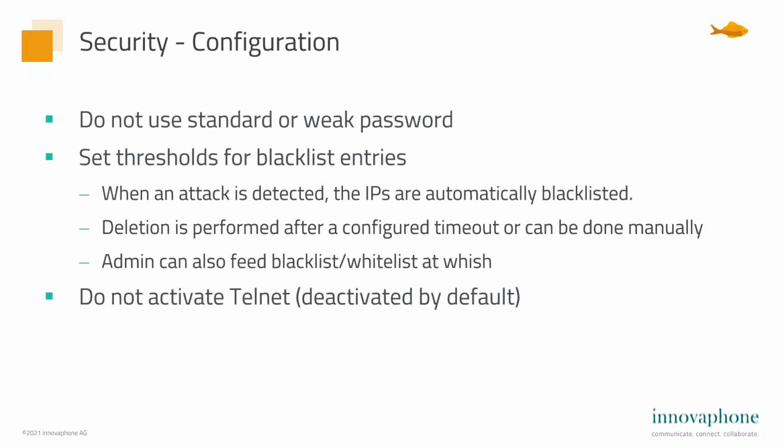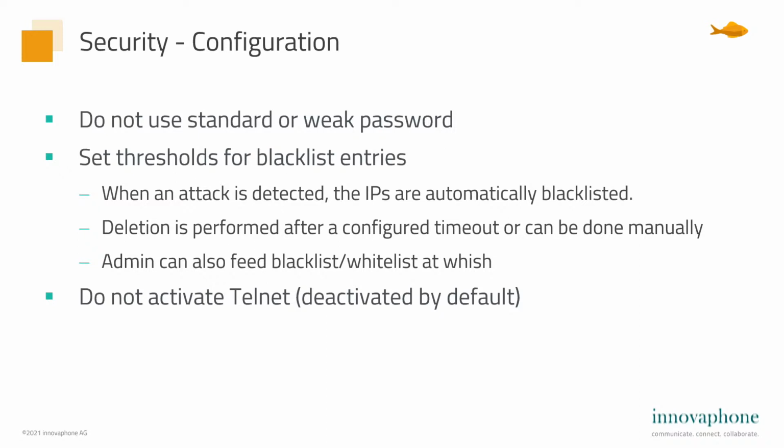Then also set thresholds for blacklist entries. So what do we mean with that? If the reverse proxy recognizes a bad packet, or the service behind the addressed service is not reachable, or a wrong password is sent and so on, then we detect this as an attack, and you can set a threshold.